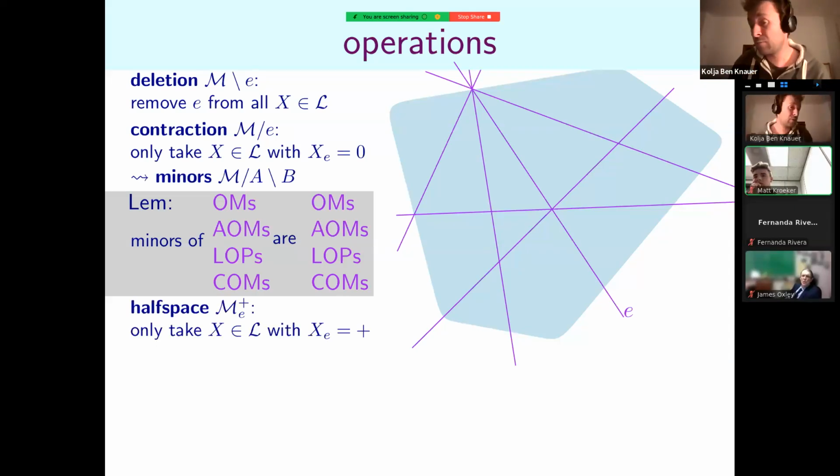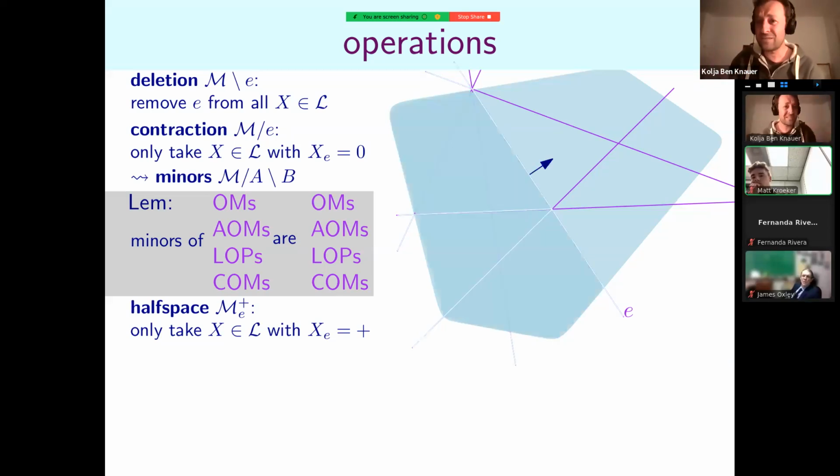In COMs, there's one more operation that you can look at, which is taking a half space. We just did this in the topological setting. I pick my hyperplane E and restrict to one side of it, the open half space, and this will also be a COM. This is a further operation, which is not allowed in oriented matroids, because then we would destroy the symmetry.